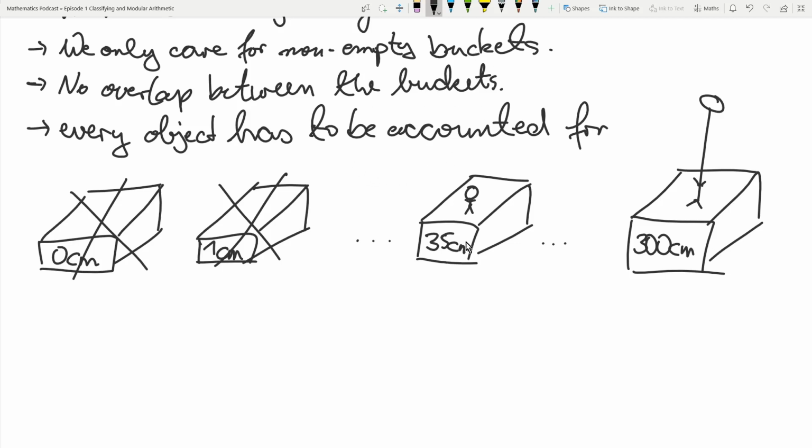Well, as long as we say that no human being can be 1 meter and 1 meter and 1 centimeter at the same time, then yes. Of course, people can move between buckets when they grow, but they cannot be in 2 buckets at any one single point in time. And, is there just non-empty buckets, which we assumed to be the case because we've neglected the ones that are unlikely, to say the least.